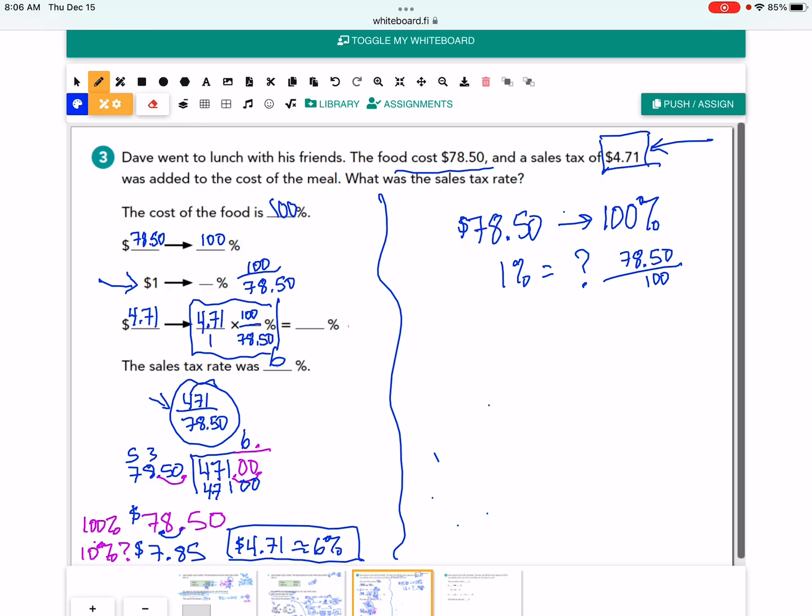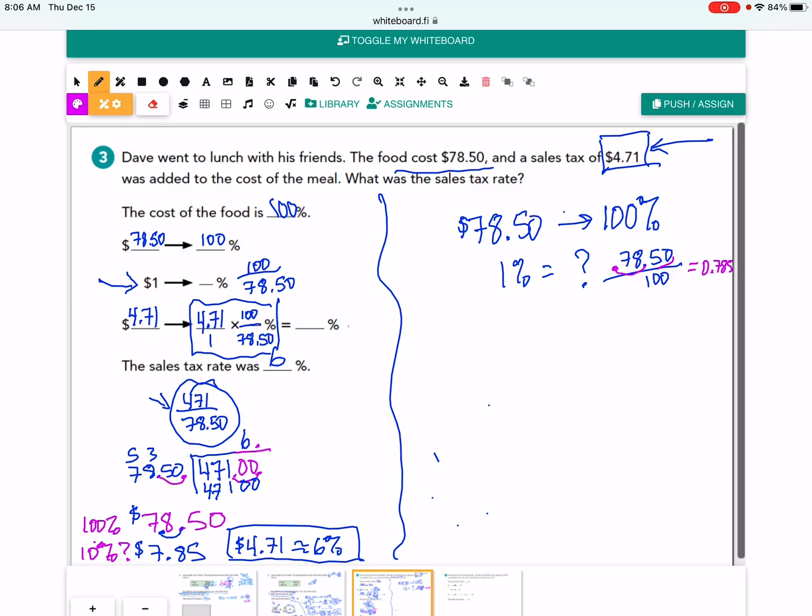When I do that, I'm moving the decimal point over by 2, and I wind up with 78.50. Okay. So that's 1%.